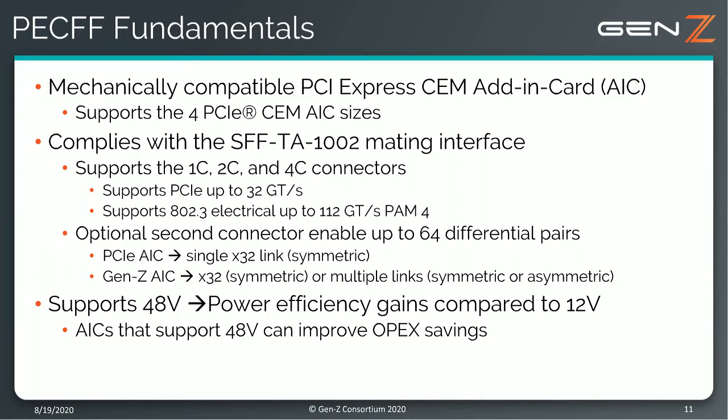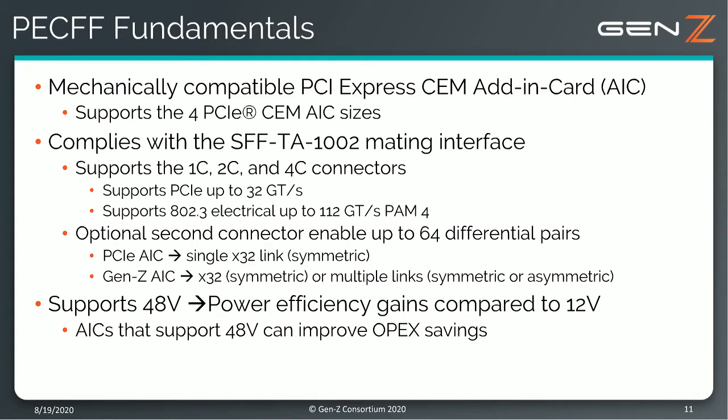One of the things that we see in the performance specs that Steve just showed is the confidence that PECFF users can have leveraging the performance of the SFFTA 1002 interconnect. PECFF also supports an optional second connector, which allows for an increased density of signaling throughout the AIC, whether that's a single by 32 symmetric link of PCI Express or multiple link options for Gen-Z.